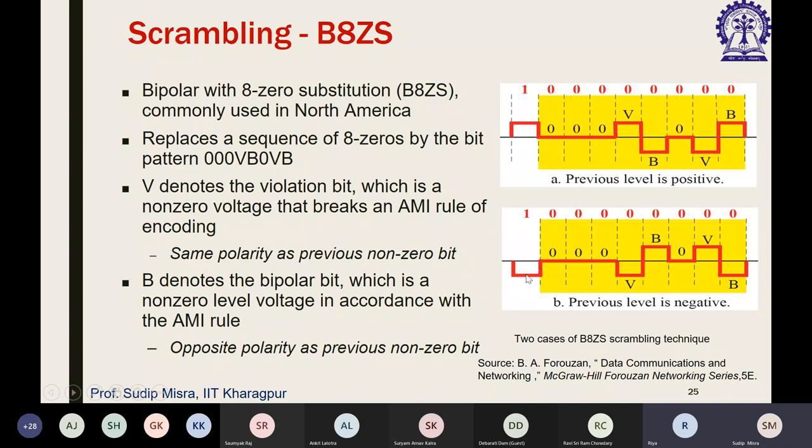Whereas if the previous level is negative, then the violation bit is going to be negative like this, and then you use the bipolar bit like this to neutralize it. And because of this, the rest of the sequence is going to continue. Clear? So this is B8ZS.